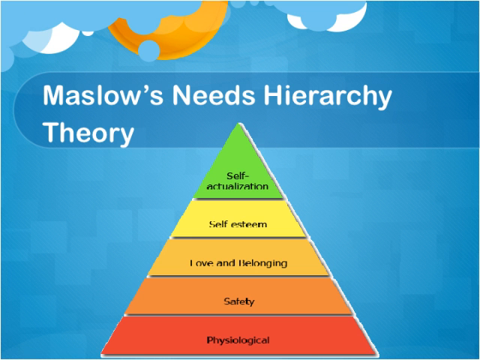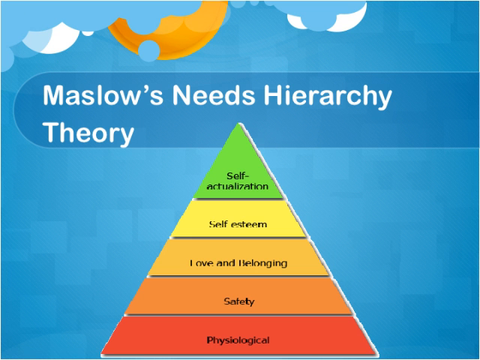Self-actualization: morality, creativity, problem-solving, lack of prejudice, acceptance of facts. We have self-esteem, which consists of confidence, achievement, respect of others, and respect by others. Love and belonging: friendship, family, intimacy.